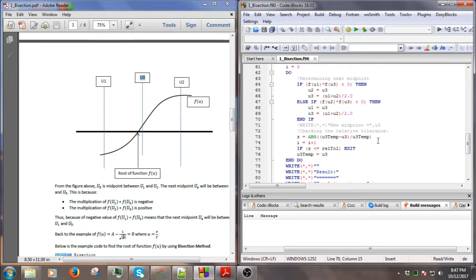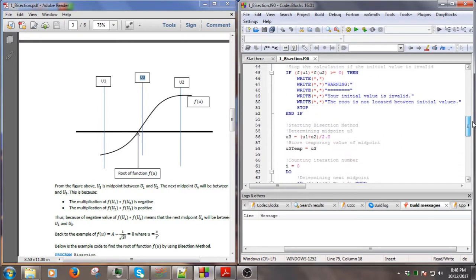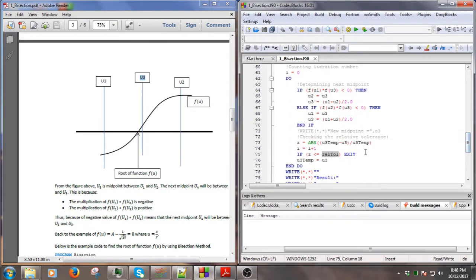And then we do the checking again to find out the relative tolerance of the calculation. So if the absolute value of the old midpoint minus the new midpoint, divided by the old midpoint, is less than or equal to the relative tolerance we set in the beginning, means the calculation is converged.